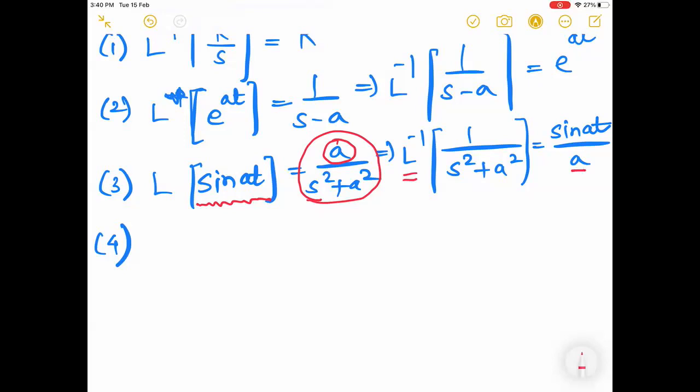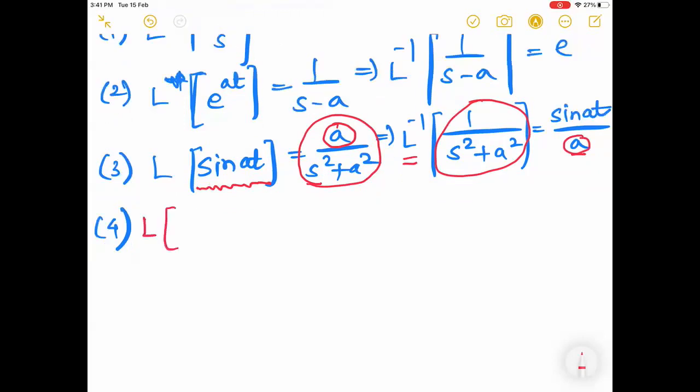But otherwise, we take inverses only for the f(s) function. If there is a constant in it, then shift it to the other side. So when the numerator is a, on the right hand side it will come in the denominator. That is why it is written as 1 upon a sine of at. Got it? Ma'am, you can solve this by taking an example.